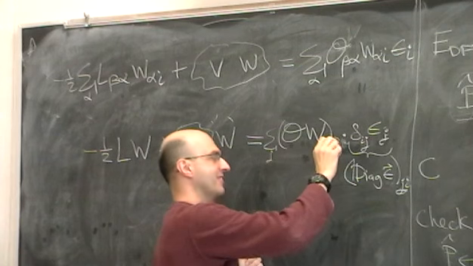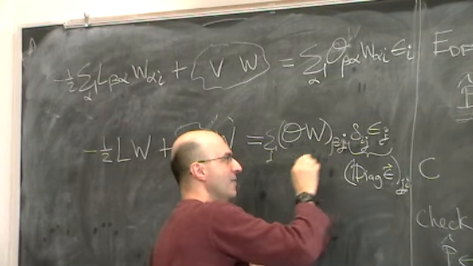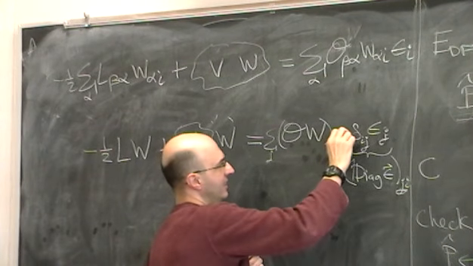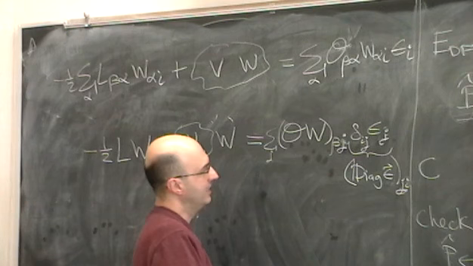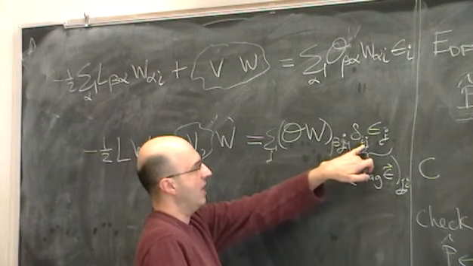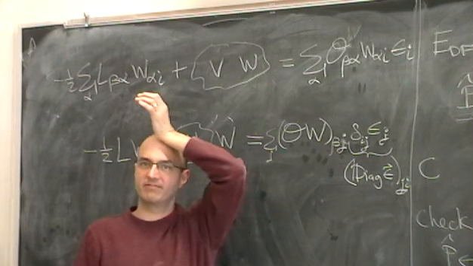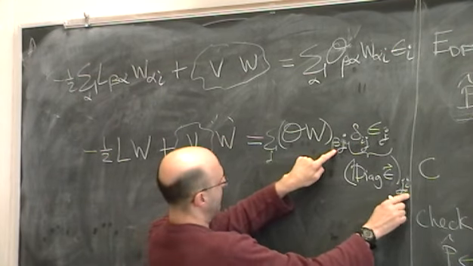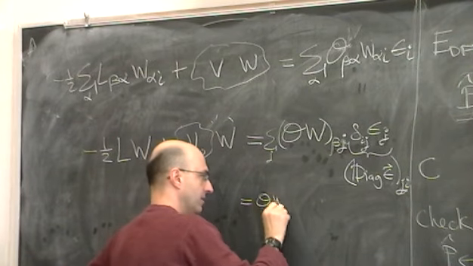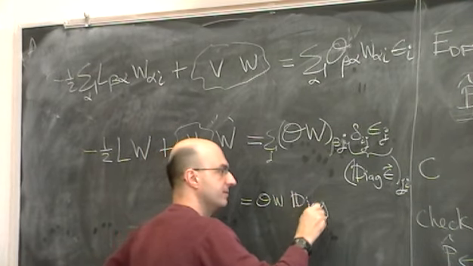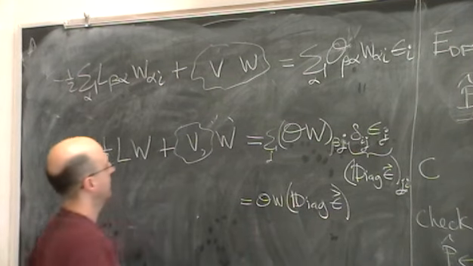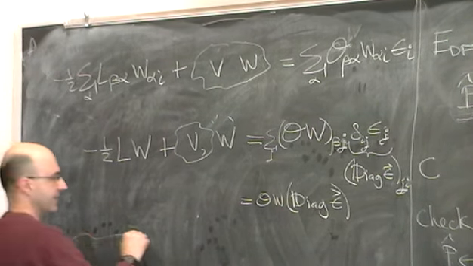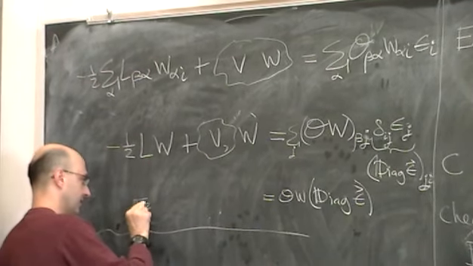Because this is a Kronecker delta_ij, I should have made this a j, like so. Then when I do that sum on j it will pick up the value i, then I'll get my appropriate answer. Finally then, this looks like just the matrix product OW times the diagonal matrix, like so. Now I think we can try to compare. This is the eigenvalue equation.